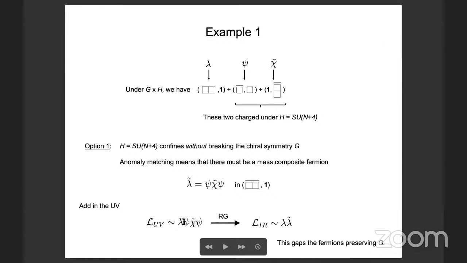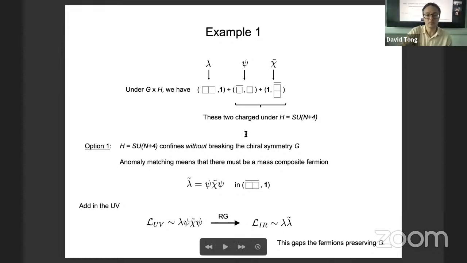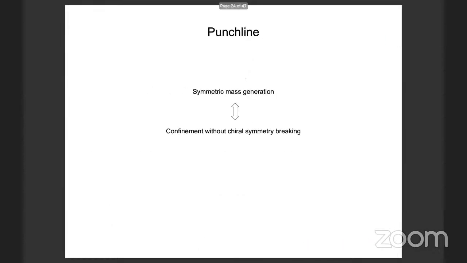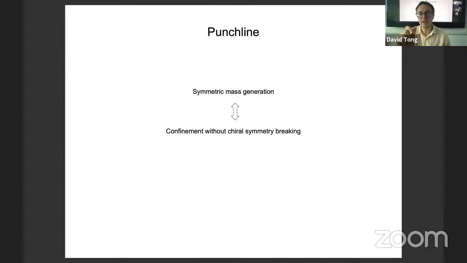Well, yeah, here as well, but in the last slide, you have symmetric mass generation is the same as confinement without chiral symmetry breaking, right? Yeah, but there's a little twist, because confinement without chiral symmetry breaking always gives you massless fermions, because the 't Hooft anomalies have to cancel. But the very small twist, and I agree it's a small twist, is that it then allows you to pair those massless fermions with something else and gap them. Yeah. I see.